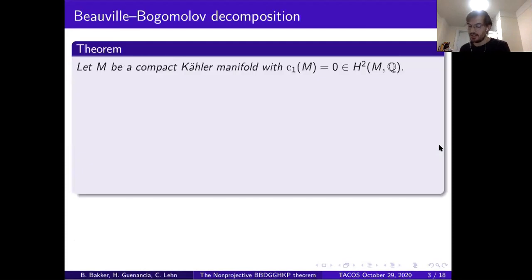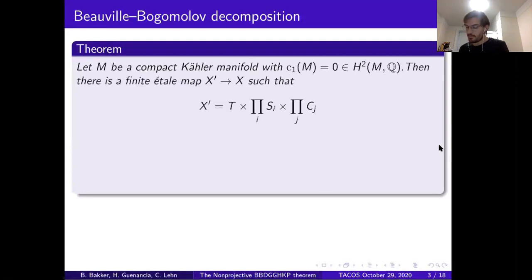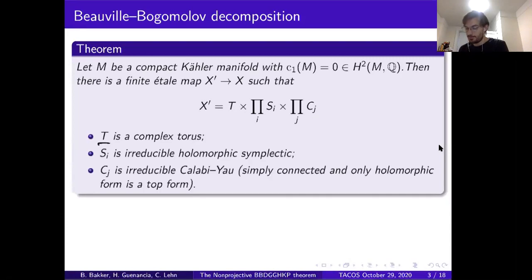So the theorem says that if M is a compact Kähler manifold with numerically trivial first Chern class, then possibly after a finite étale cover, it splits into a product of three sorts of special Calabi-Yau varieties. Namely, there's a torus factor, there are factors that are irreducible holomorphic symplectic, and then there are factors that are called irreducible Calabi-Yau, which means that they are simply connected and their only holomorphic form is a top-dimensional form.